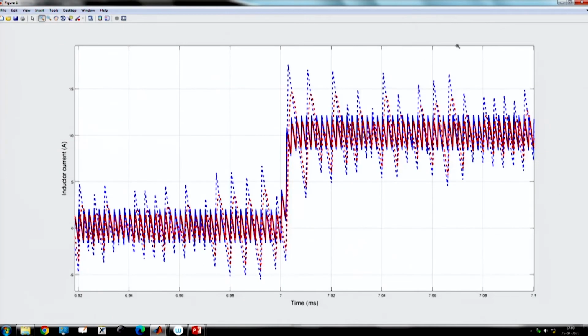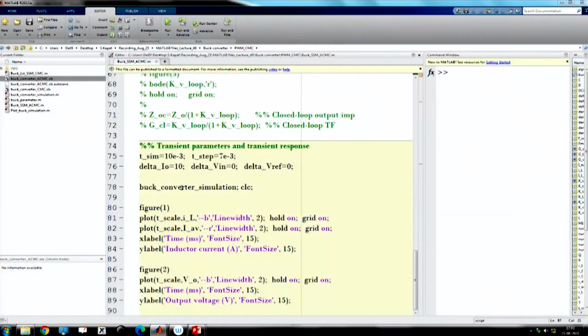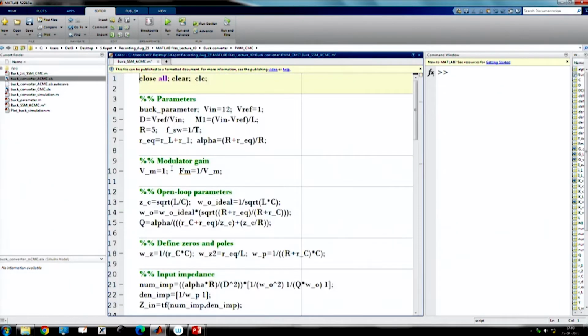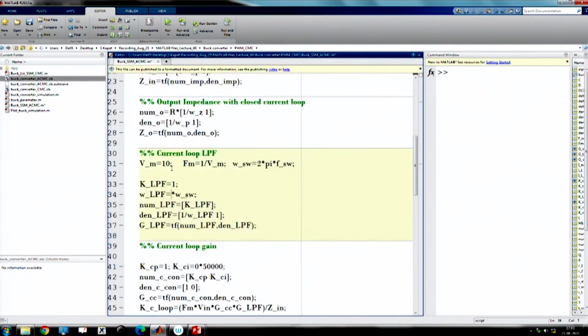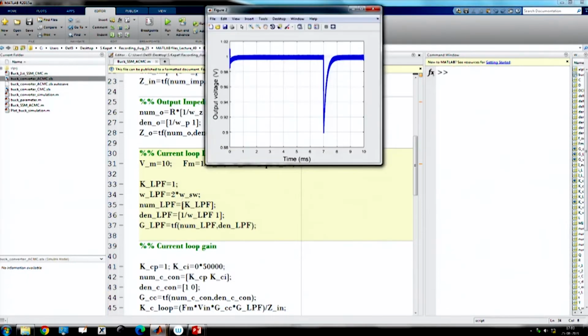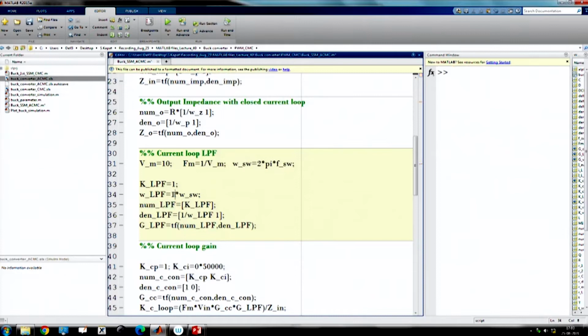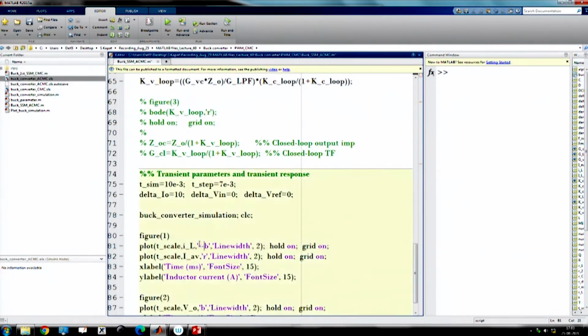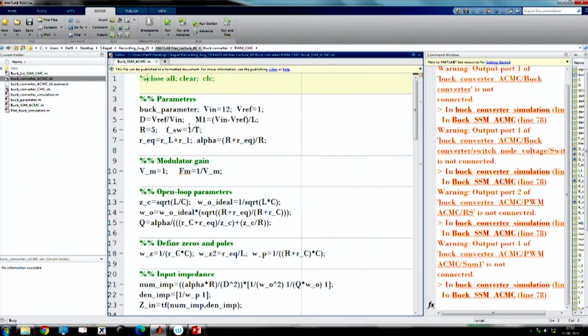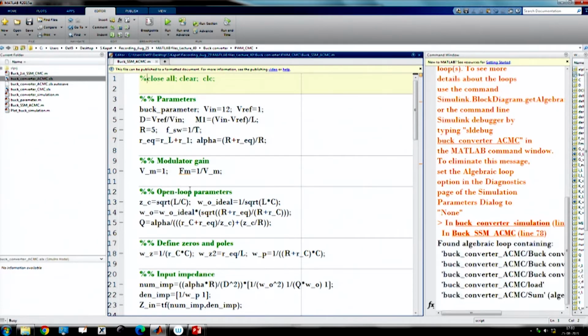Okay. So, if we repeat the experiment, now we are taking the current loop bandwidth the same as the switching frequency.